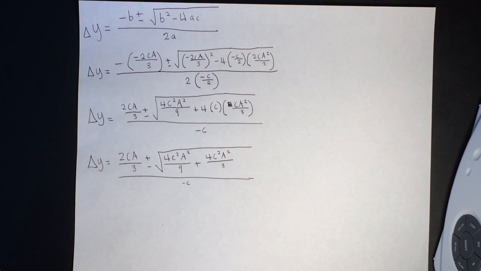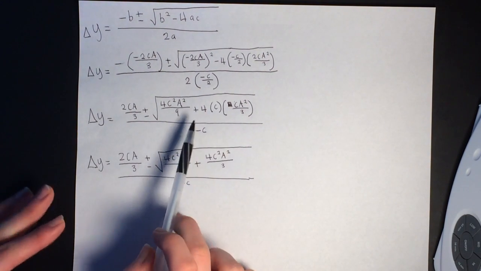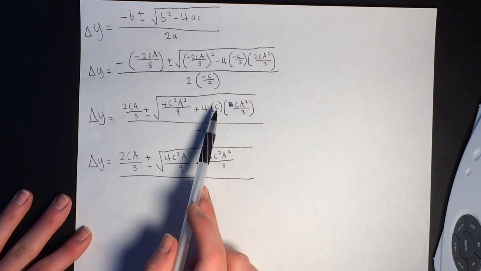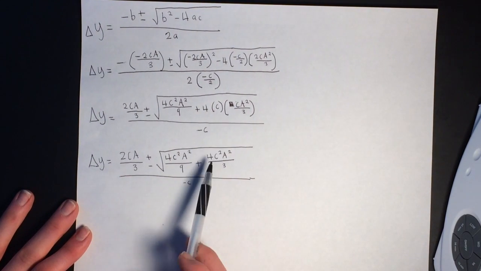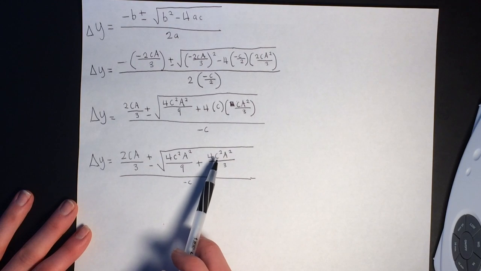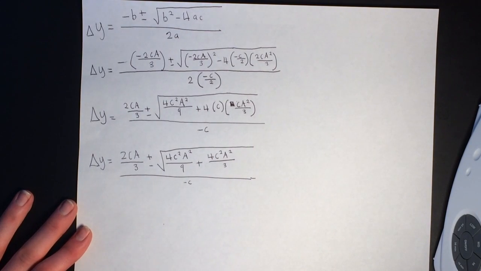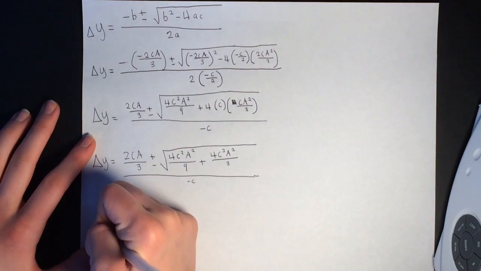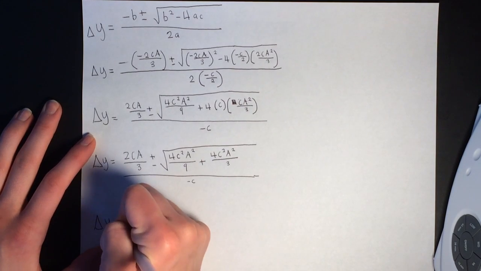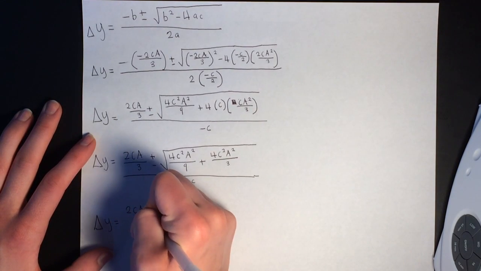What happened here is I left everything the same except this term. We multiplied the c by the c to get 4c squared a squared over 3. Just more simplification.